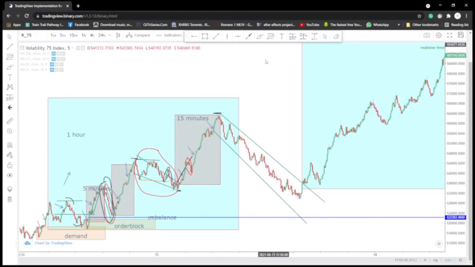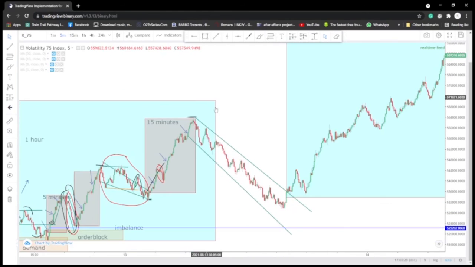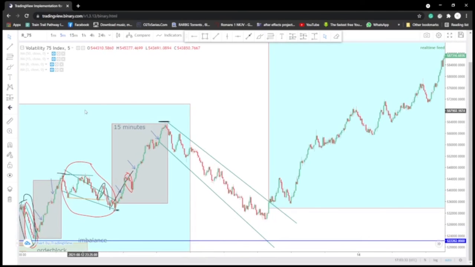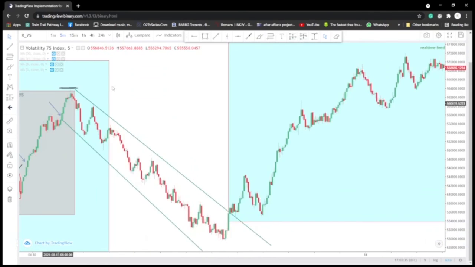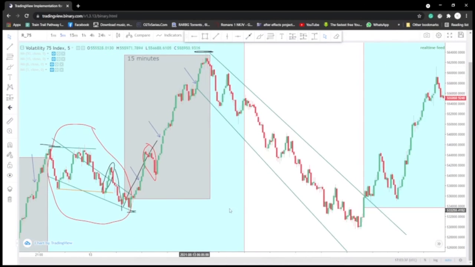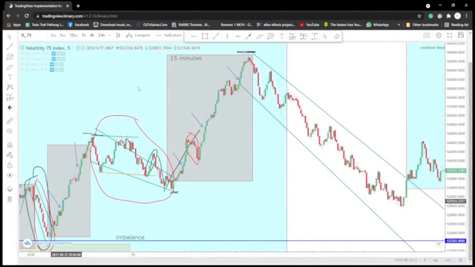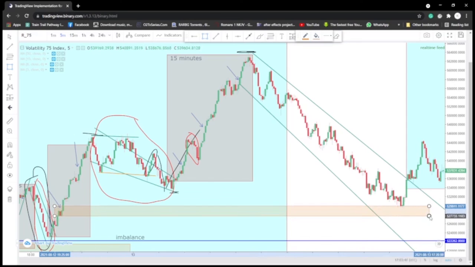And again, remember guys, I talk of order blocks, supply and demand. Always remember, guys, don't forget this. Our last OP, the last candle before price break. This is not an order block.